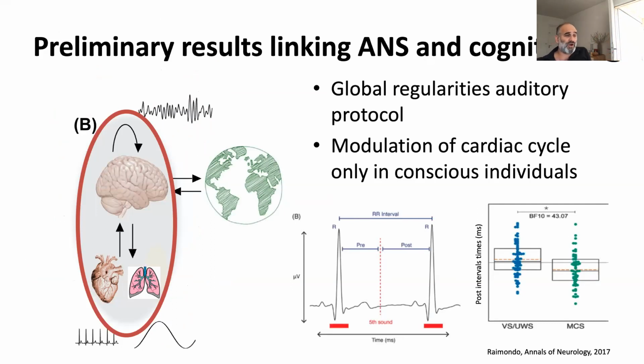On the other hand, minimally conscious patients, who have some sort of conscious experience, have a phase reset whenever they detect violations of these regularities. This is very important, because using a signal which is very easy to obtain, the cardiac activity, we were able to differentiate between patients that were unconscious and patients that were conscious.